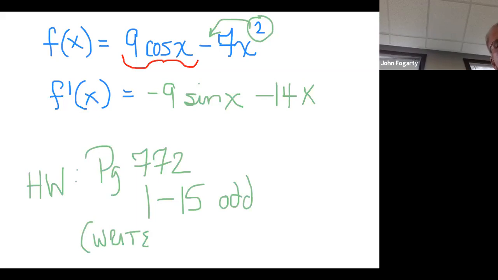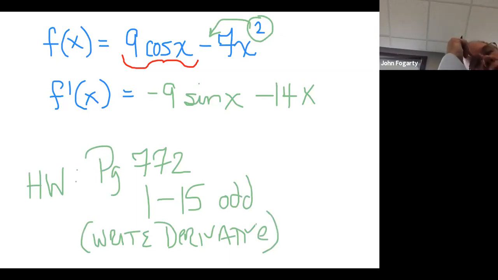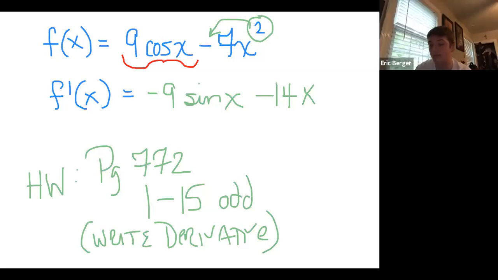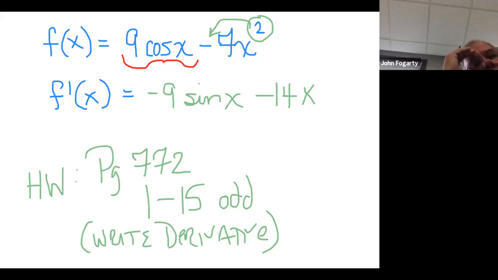Don't worry about what the directions say. Just write the derivative of each function, exactly what we've been doing. Just do it on a sheet of paper, take a picture of it, and email it to me. That's all. Comprende? Anybody have any problems? Anybody have any questions?